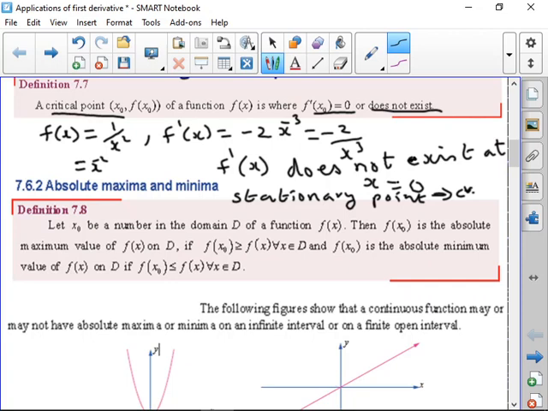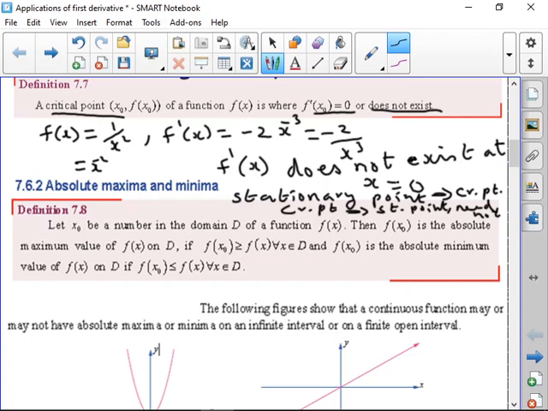But a critical point can not be a stationary point; need not be. Not always. What does need not mean? Not always.